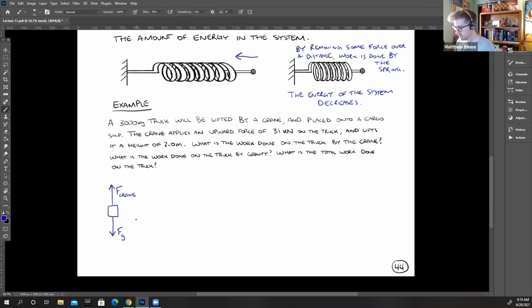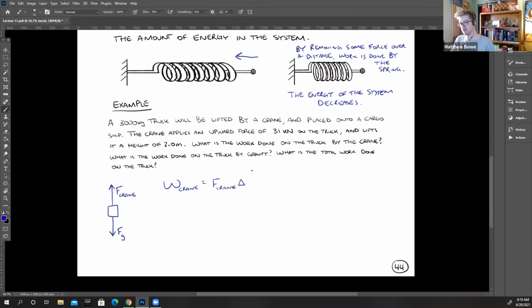First question, what's the work done by the crane? Work done on the truck by the crane. So start out with work by the crane is equal to the force applied from the crane over the distance that it is applied.